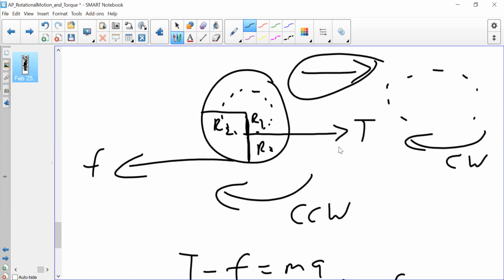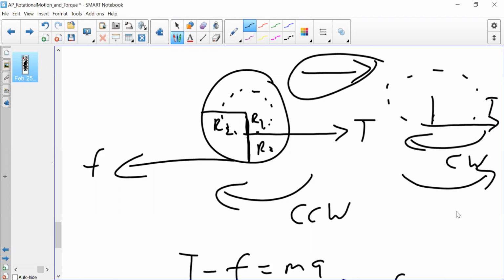So as tension goes to the right, this inner part is still going to be rotating with respect to R1. It's still going to be rotating clockwise, even though T is going like this. If you took out friction, T wouldn't cause this inner part to move this way.